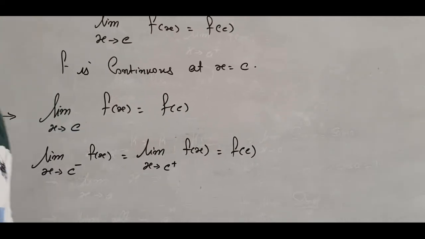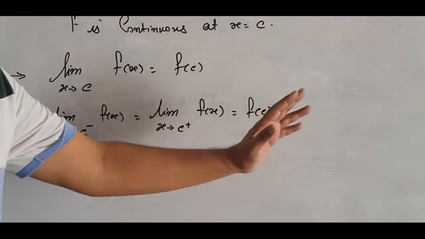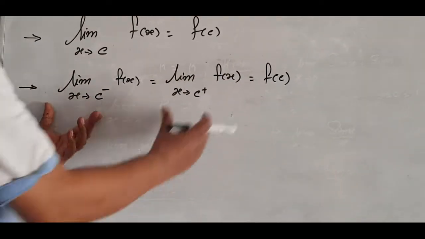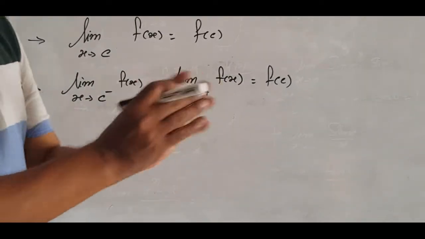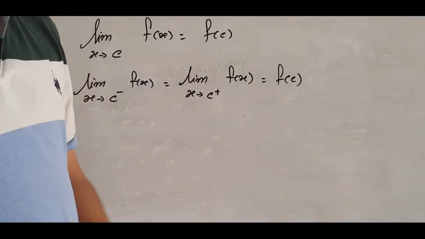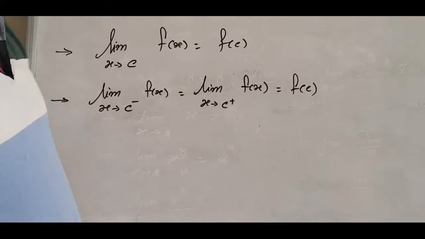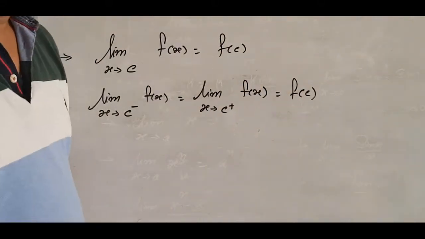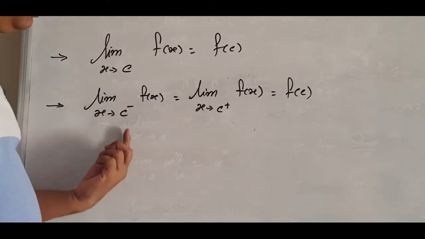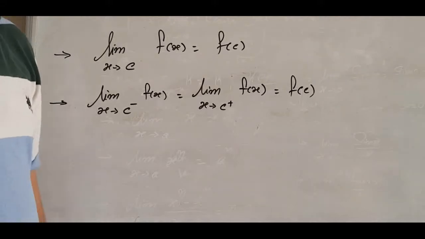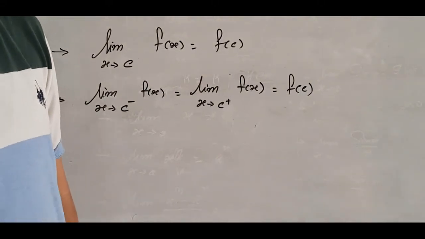Now, if any one thing is not satisfied, if the left hand limit and right hand limit exist but are not equal, then that function is discontinuous. It's not continuous. Maybe these two are equal but they are not equal to f(c). Okay, these two are similar but this is not equal to f(c). Then also the function is not continuous at that point.